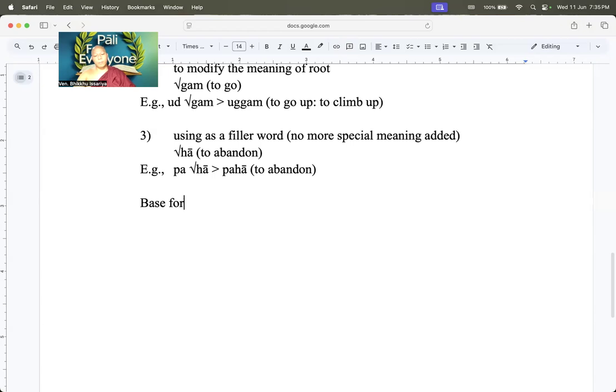To the base form, if we add the present tense verb termination short form, at that time we will have the present verb. If we add the future tense, we will have the future verb. If we add the past tense, we will have the past verb. Or if we add the imperative mood, we have the imperative verb like this.